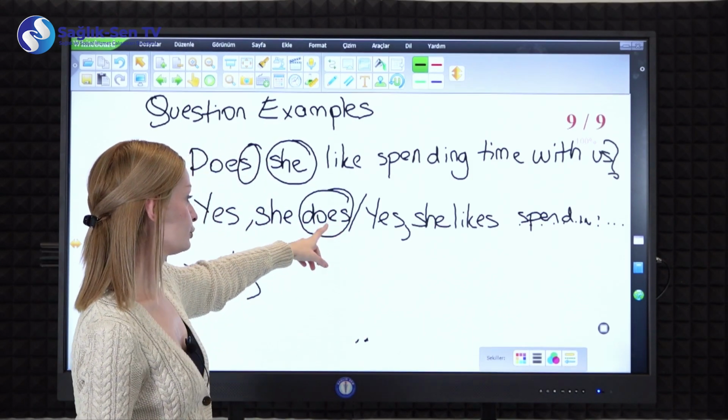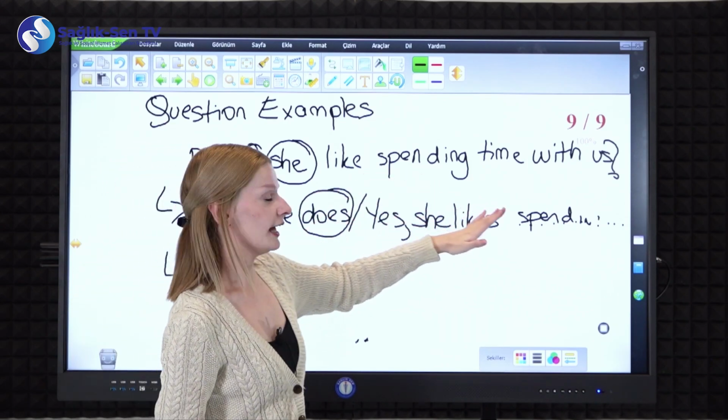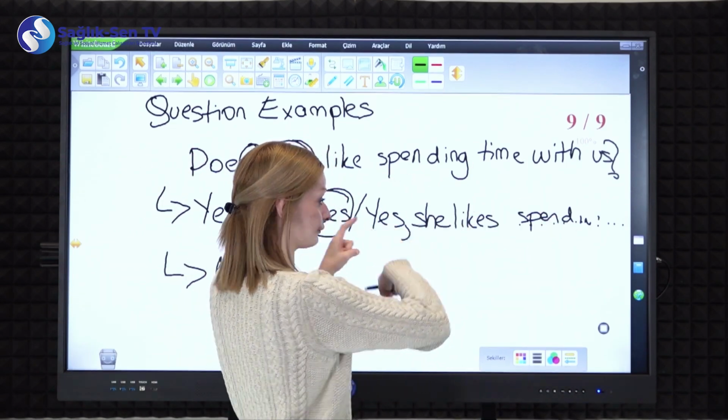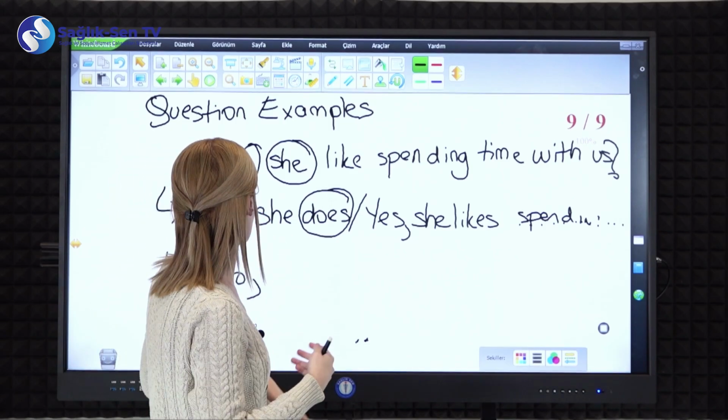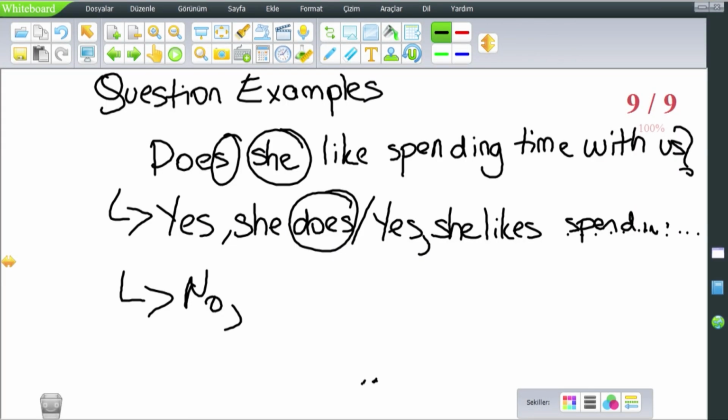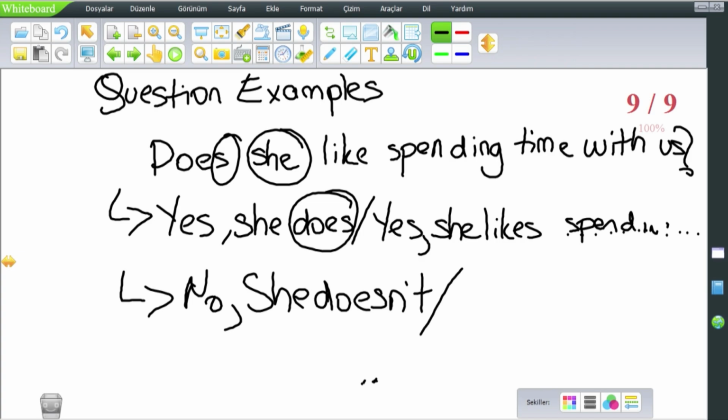That's why I use does in short answer, and this is my long affirmative answer. And if I want to say no, no she doesn't. And if I continue my sentence, no she doesn't like spending time with us. And the rest is the same. This is short answer, and if I continue, this is my long answer.